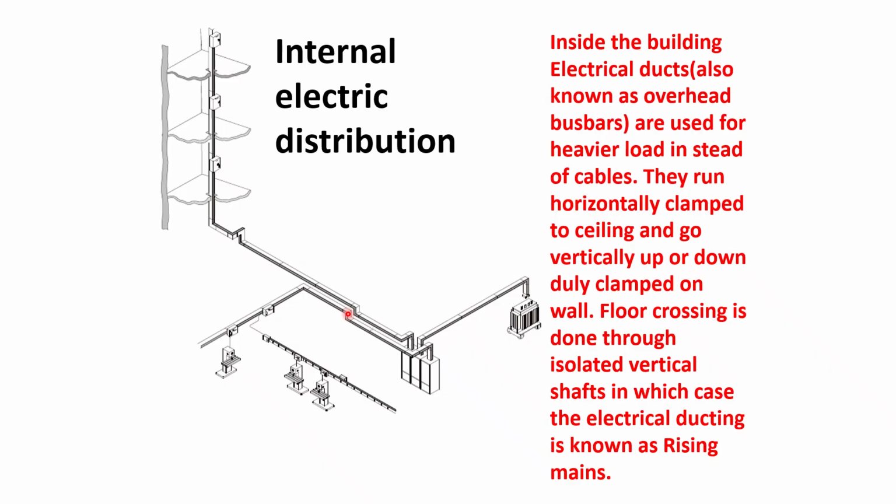It may be above a false ceiling, and then the vertical portion of electric supply is taken to several floors through a circuit known as rising main. These are all three-phase circuits.